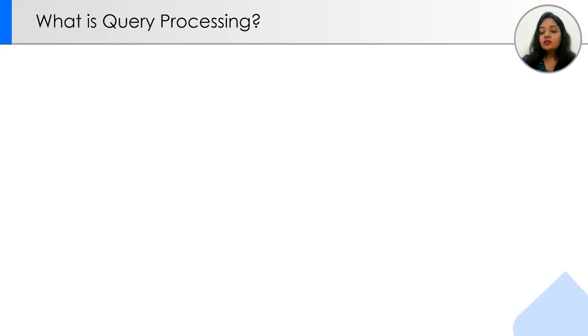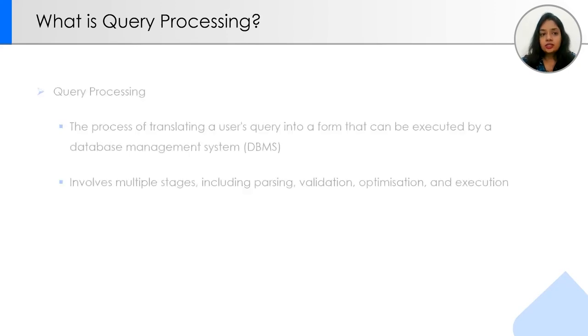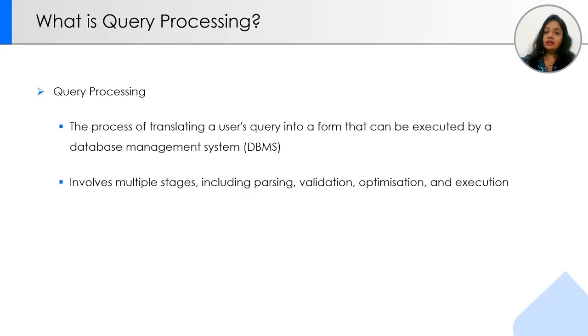So now coming to our question of query processing. Basically, it is the process of translating a user's query into a form that can be executed by the database management system. Now, when we talk about these computers, they have n number of files. If we talk about the insurance business, they have day-to-day Excel sheets containing the data.